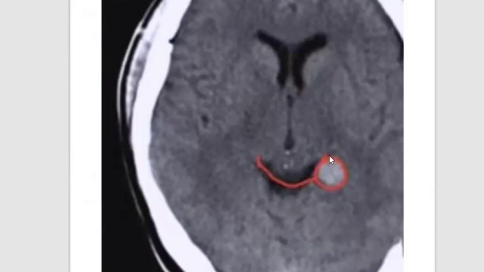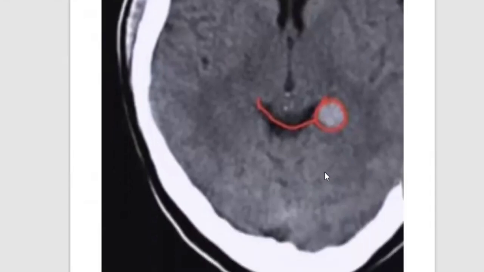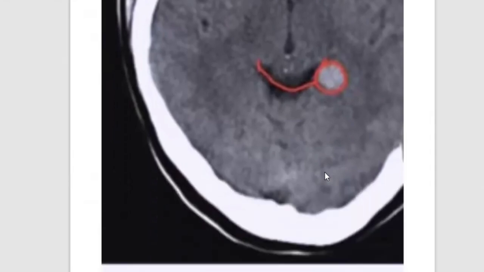This is an aneurysm, present at the level of the quadrigeminal system. What is the blood vessel present in the quadrigeminal system? The P3 of the PCA. So just by CT scan we can suspect that might be a PCA aneurysm. To confirm that we have to do angio, DSA angio, CT angio.